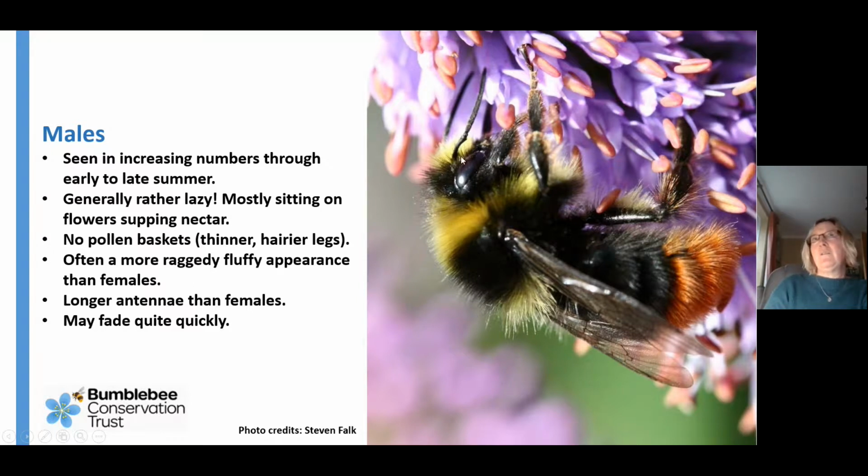Also, four of our common species have lovely bright yellow facial hair, which you don't get in female bumblebees. So they have a really nice patch of obvious yellow facial hair. So if you see a bumblebee with lots of yellow hair on its face, then you're pretty sure that it is a male, which I will come back to.